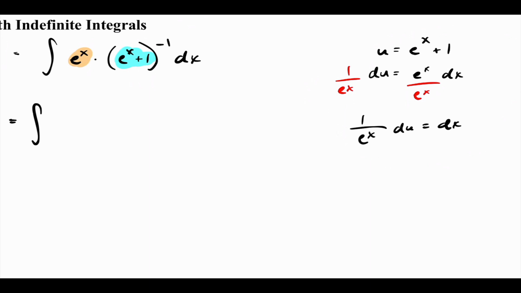Plug everything back in. So e to the x is going to stay in the front. Now this guy is going to become u. And dx is going to become 1 over e to the x du.